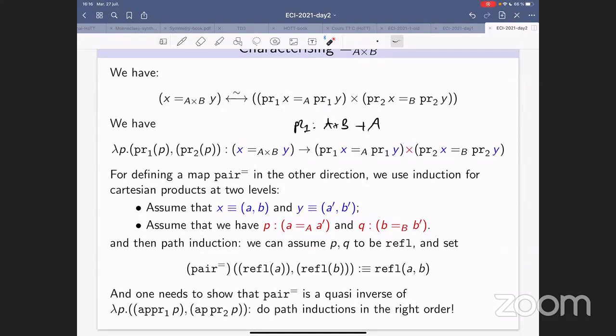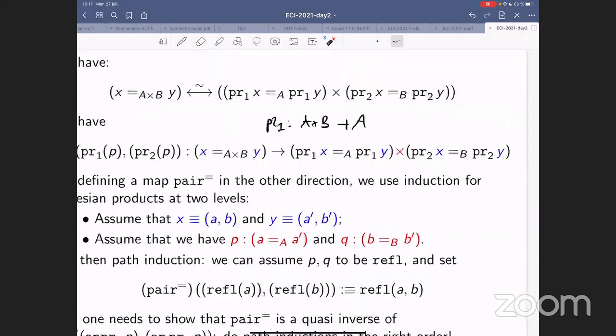In order to define this function, we can assume a lot of things.